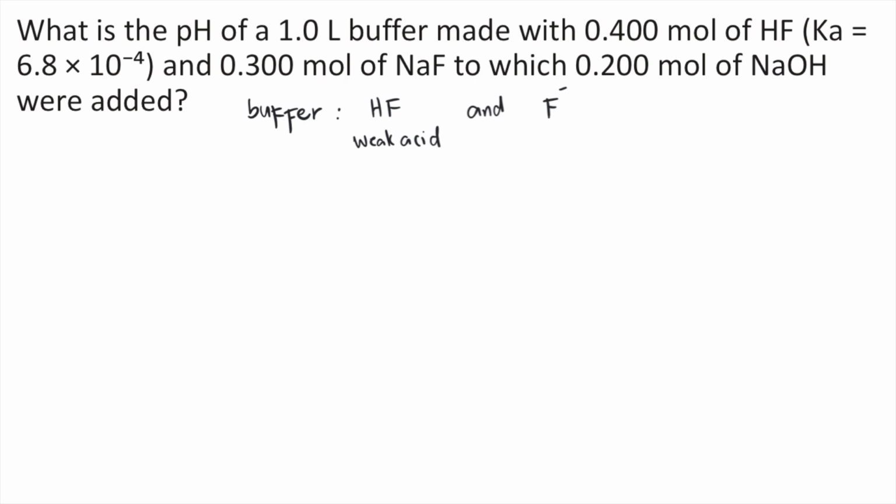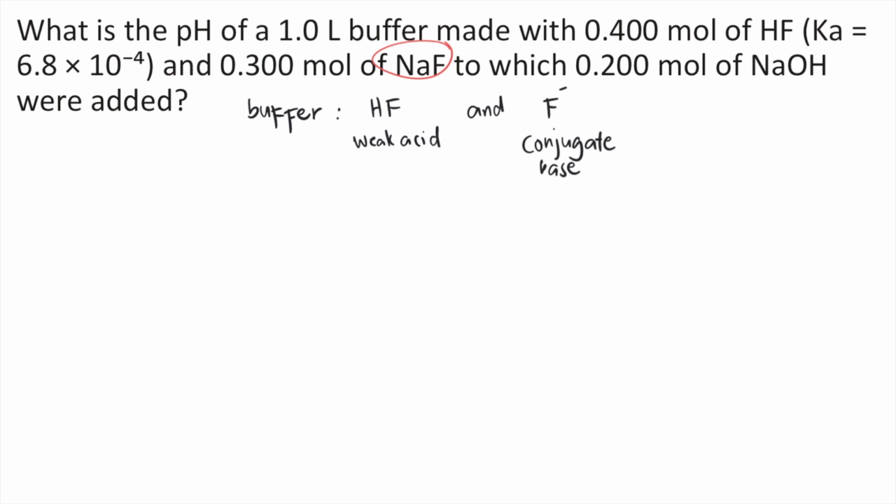It comes from NaF. So remember NaF, or sodium fluoride, when you put it in water, it's a strong electrolyte. It will dissociate into its two ions, the sodium cation and the fluoride anion. So this is where we got F minus. So F minus is the conjugate base of HF.